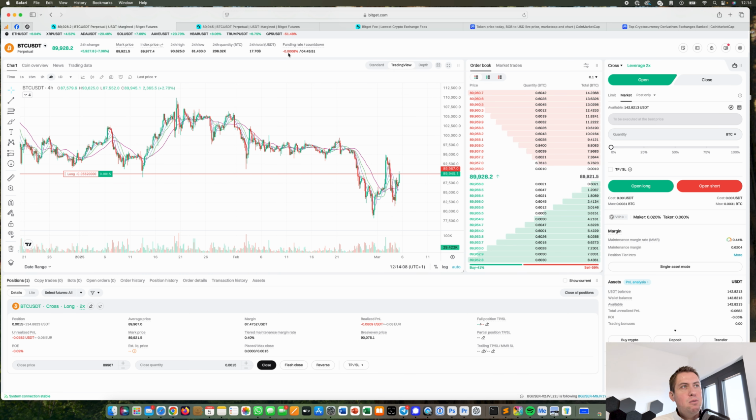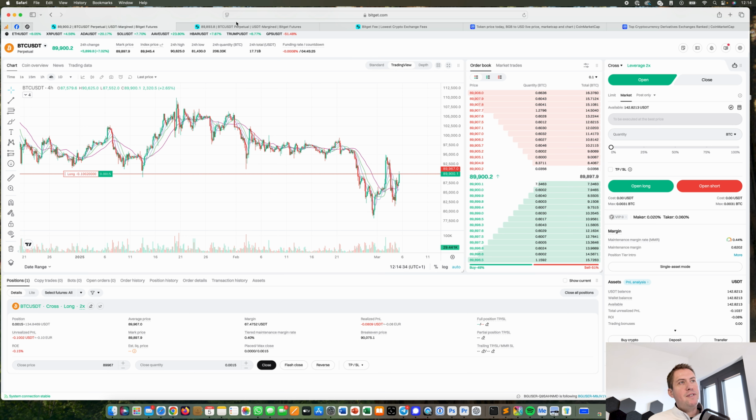Right now, the funding rate is negative, and we are in a long position, so we would basically get 0.0008% of our money as funding once this countdown runs out. If we were in a short position, we would pay that amount once the countdown runs out.